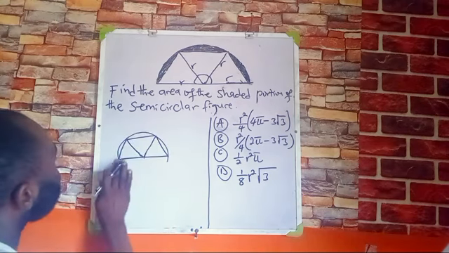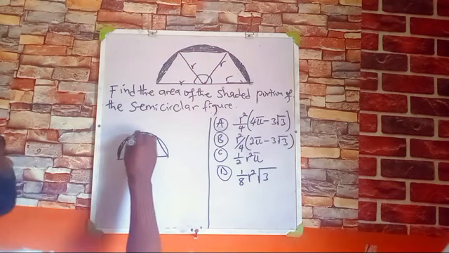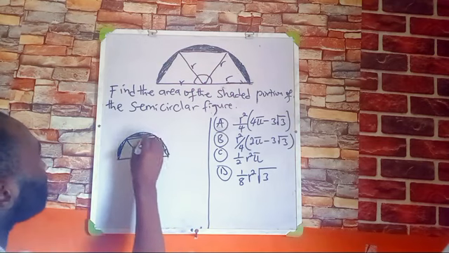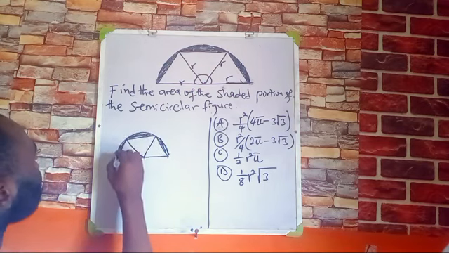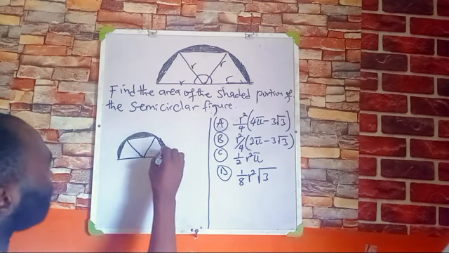Now when we clean this up, that gives us the shape that is here, shaded. So the question now says we should find the area of this shaded portion.